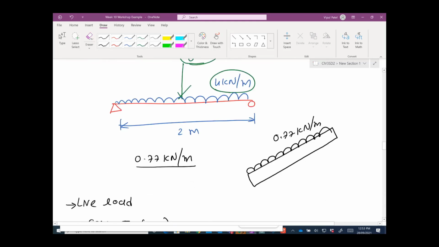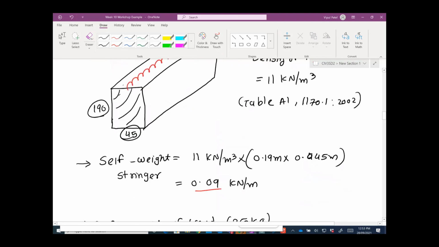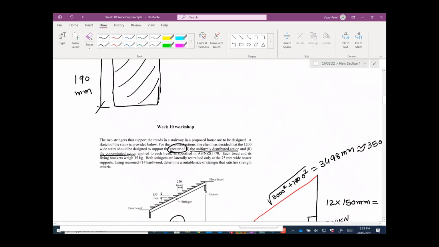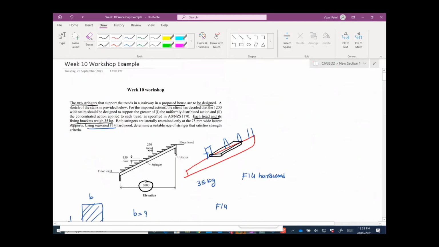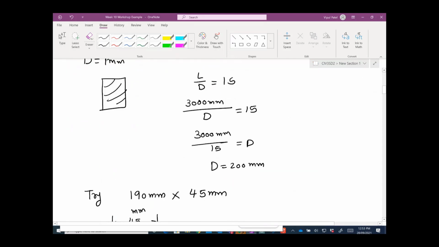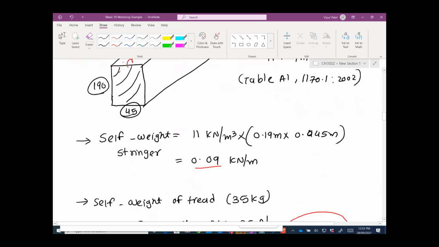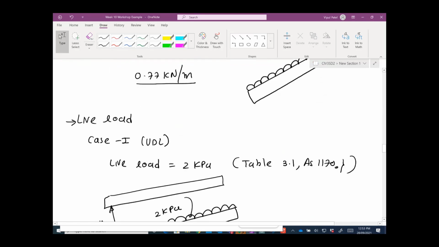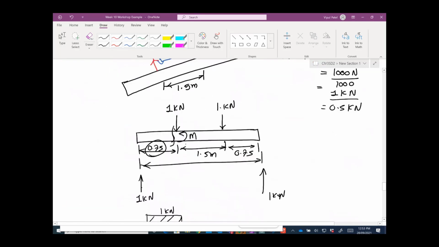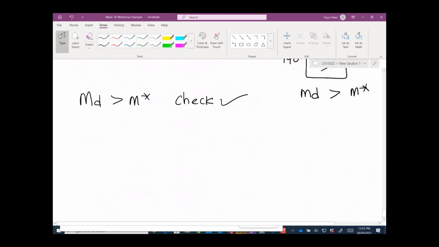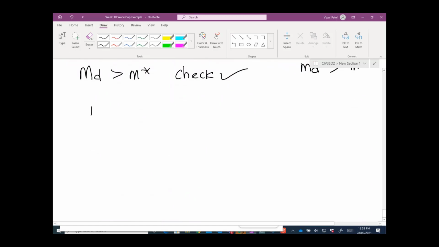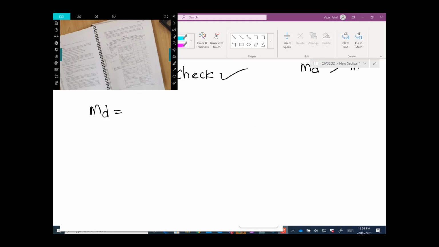You remember the assumption we made, that we're going to try this one. These assumptions need to be validated, because if the try is not good, we need to make sure that 190 by 45 is enough. So that's the trial that I'm going to make. MD, let's get MD first.